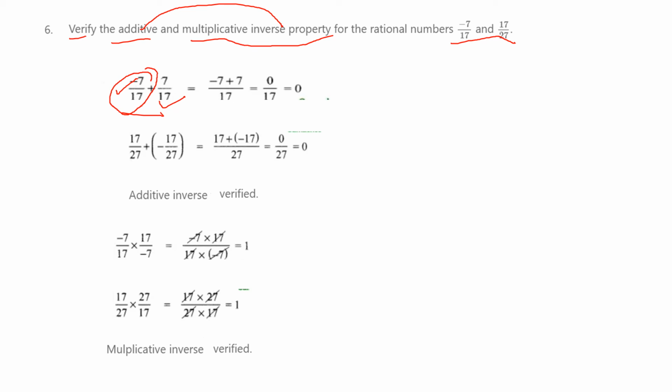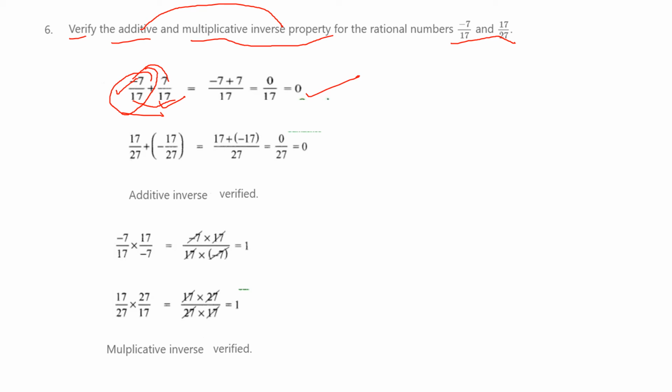If you add the number and this additive inverse, if we get 0, that property is satisfied. Here you see 17 denominator same only. So if the denominators are same, we can write the numerator as such. So minus 7 plus 7, that is 0. So 0 by 17 also 0 only.